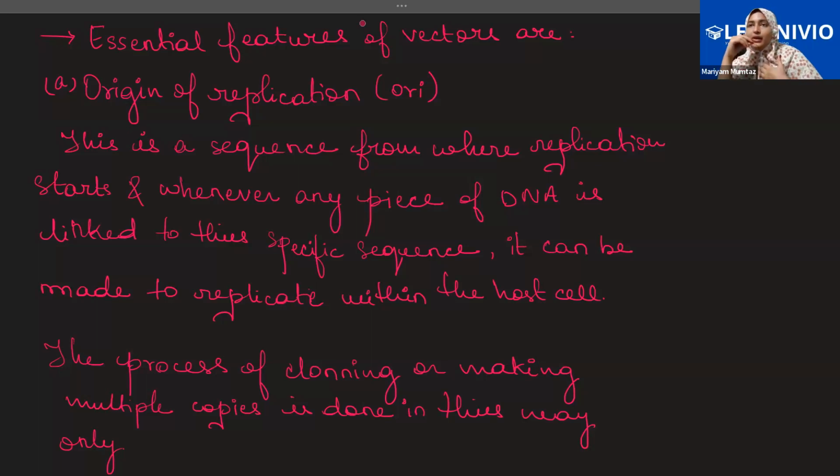Whenever we want to put any alien piece of DNA into the vector, we load it at the ORI, so that when this vector multiplies, the gene of interest will also multiply and multiple copies of it will be made. That is why the origin of replication is very important.